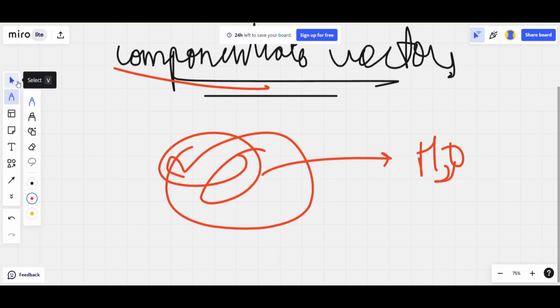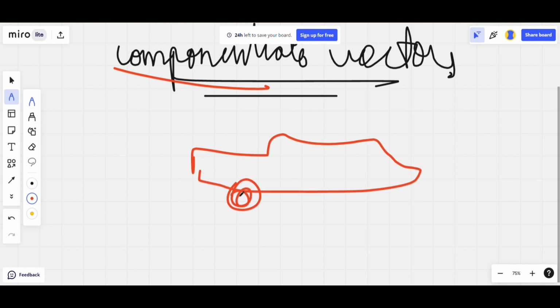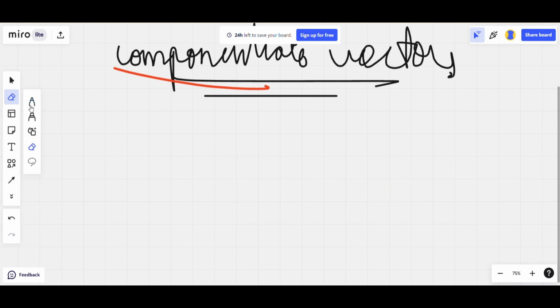Or we can talk about another example of what a component means. Let's talk about a car. We can say that a wheel is a component of a car, or in other words, a wheel is a part of this car. So by componentiation, we mean that we are breaking down vectors into different parts so that we can understand the main vector in much more detail.